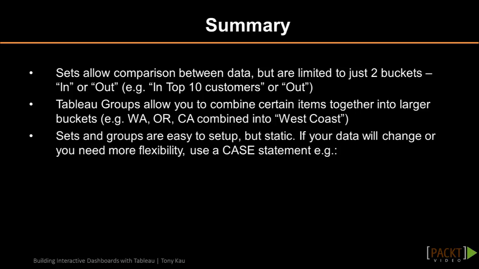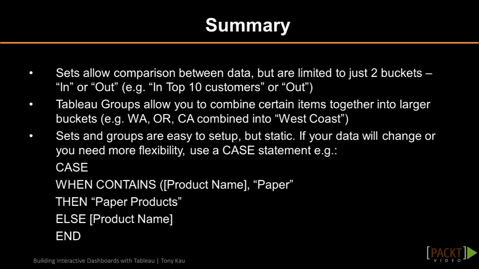The downside to sets and groups is that they're static, so if you need more flexibility or a more robust solution, use a case statement. For example, we can bucket all products that contain the word paper as paper products, and this group will automatically update to include any additional paper products we start selling in the future. In the next video, we'll work with bins and create a box and whisker distribution chart.